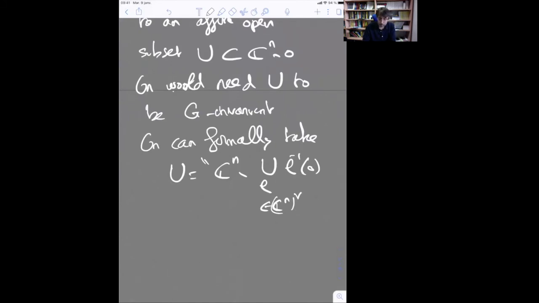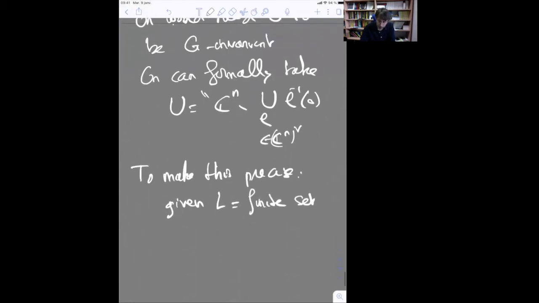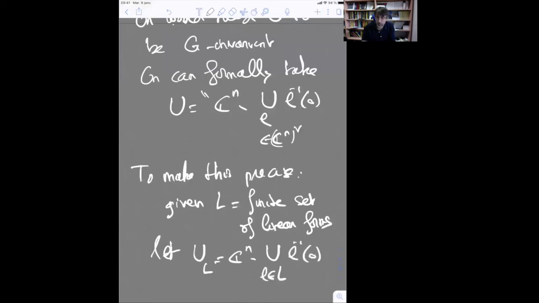To make this precise, you can start by giving yourself L, let's say, a finite set of linear forms, and let UL be Cn minus all the hyperplanes associated to this finite set.